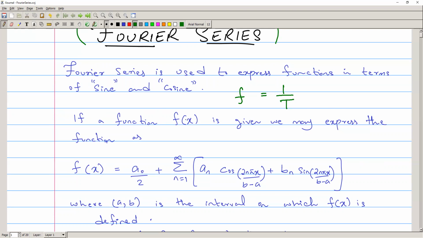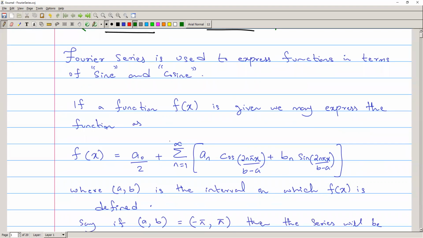Now we want to see the behavior of this signal, so we can convert this function of time to sine and cosine for observing the behavior of this period, right? So it's mainly used in signals and systems, and it's used in solving partial differential equations. There may be a lot of other applications in other fields, right?